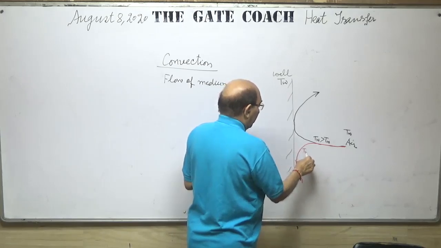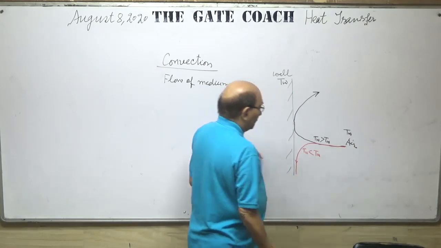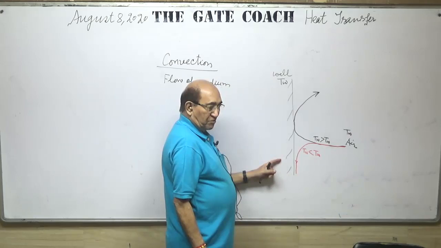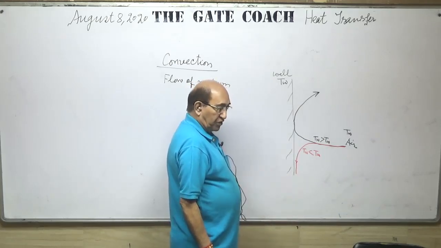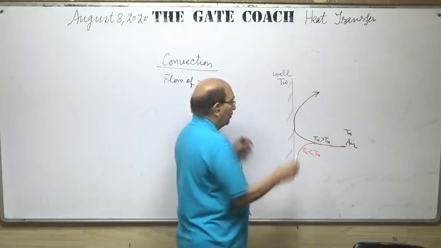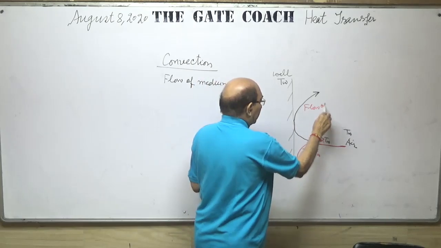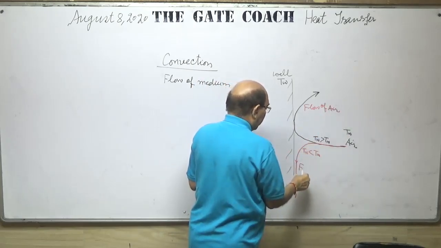If TW is less than T infinity, this air will be getting cooled. Cold air shall become heavy air, shall have the tendency to flow down. Here the flow is taking place. Here also the flow is taking place.